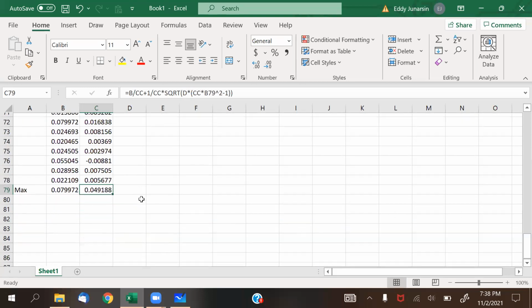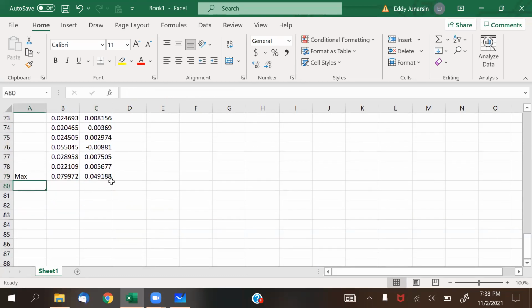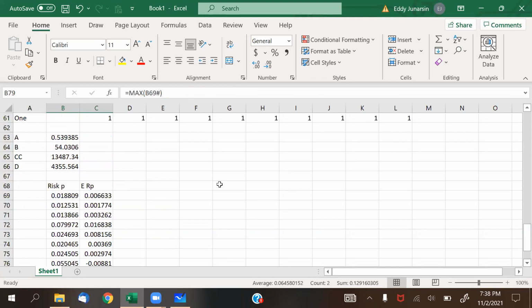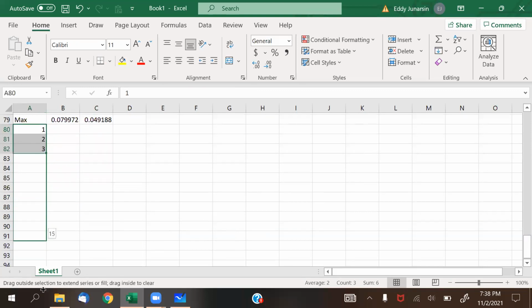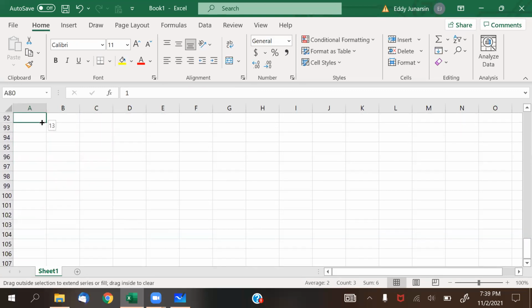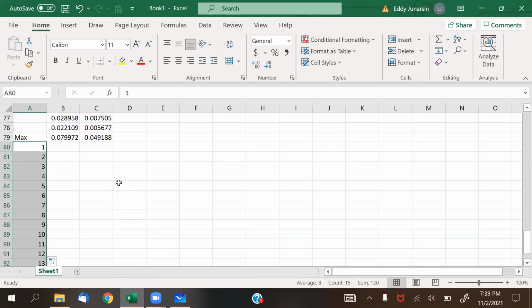Now it depends how many portfolios you want to draw on the line, on the efficient frontier. You could draw maybe 15 or 20, 30 or anything. For this example, we'll just use 15 portfolios. So we only have 10 stocks, but we want to draw 15 portfolios on the efficient frontier.